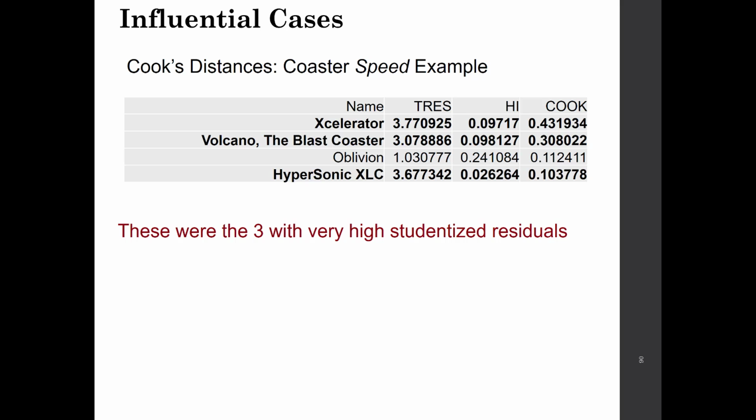These were the 3 with the very high studentized residuals. So if we were thinking about taking out Accelerator and Volcano and looking at those separately, we're going to take out Hypersonic with them, because it is also a mechanically accelerated roller coaster, it has a really high studentized residual, and it looked a little bit extreme in the Cook's distances.